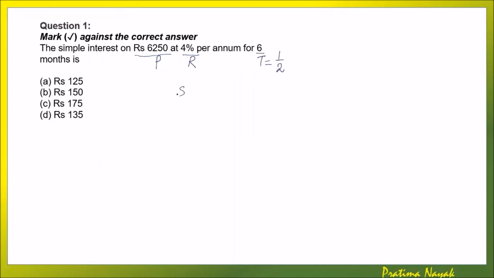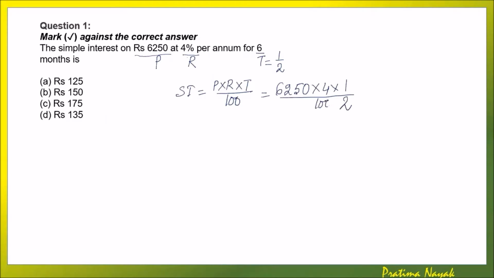Now I'll write the formula, P into R into T by 100. R percent means R by 100. So this will be 6,250 multiplied by 4 by 100 into 1 by 2 year.